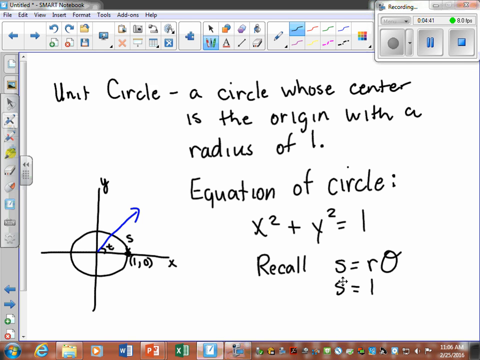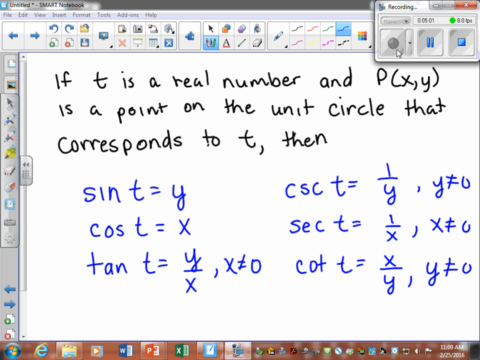And in this case, what is our angle called? Just t. So 1 times t. Well, what's 1 times t? All it's saying is s is equal to t. So this is why our trig functions are going to be defined on this next page with the definitions on them.